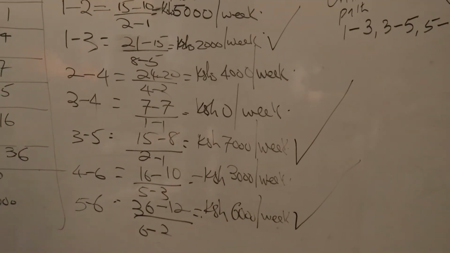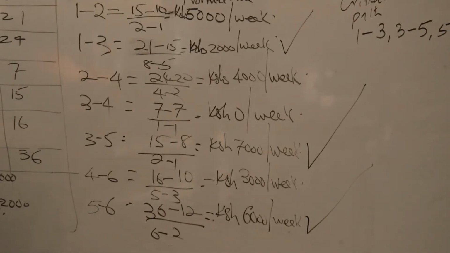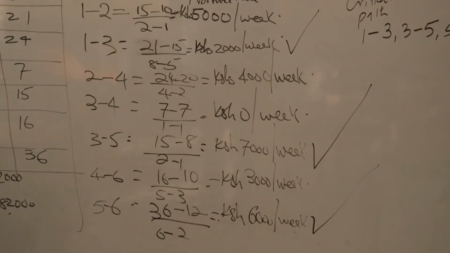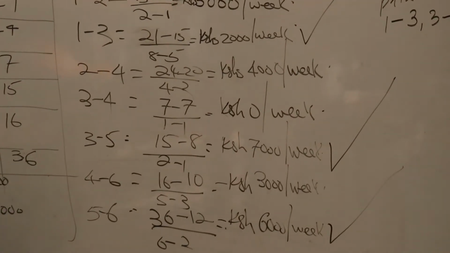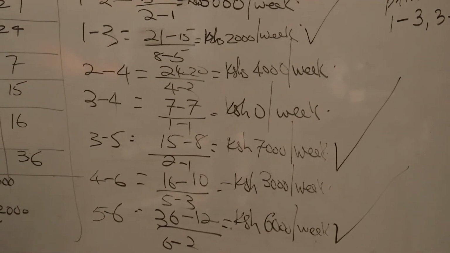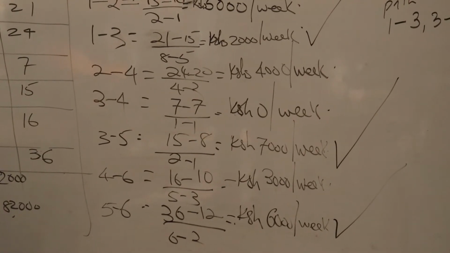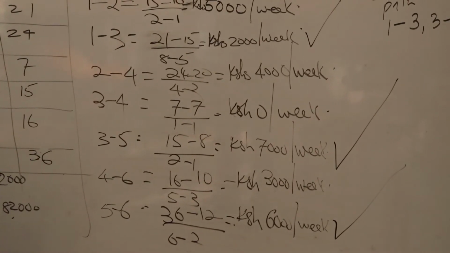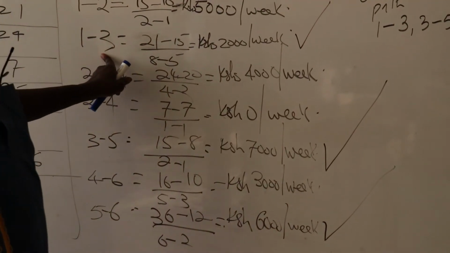So those are the activities existing along the critical path. Viewers, we must start by crashing the activity with the minimum cost slope, with the aim of economizing on the cost of crashing. So the activity with the minimum cost slope is 1 to 3.